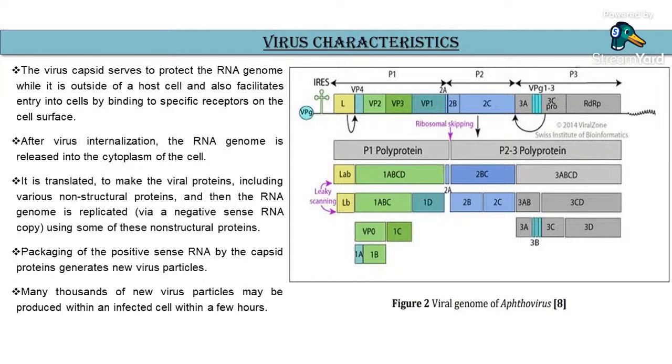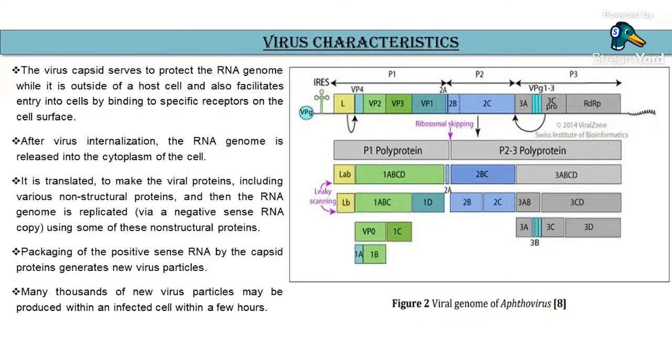The virus capsid protects the virus and binds to specific receptors on the cell surface. After virus internalization, whenever the virus gets inside the cell, the RNA genome, because it's an RNA type of virus, is released into the cytoplasm of the cell, and then it is translated to make the viral proteins, including non-structural proteins, and then the RNA genome gets replicated.